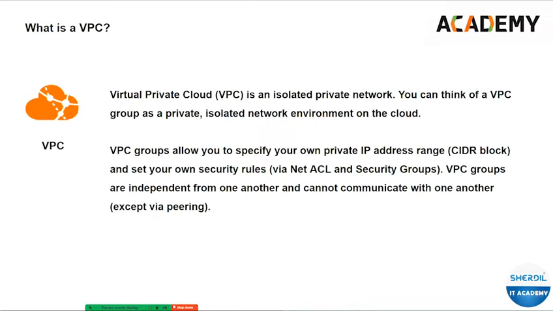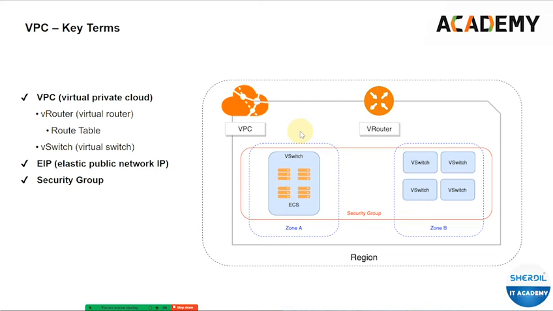It is isolated from other networks, and it allows you to specify your own private IP address range, CIDR block, and your own security rules, which include the network ACLs and the security groups. It includes network ACLs, vSwitches, vRouters, subnets. So these components are jointly connected to each other in order to provision a virtual private cloud.